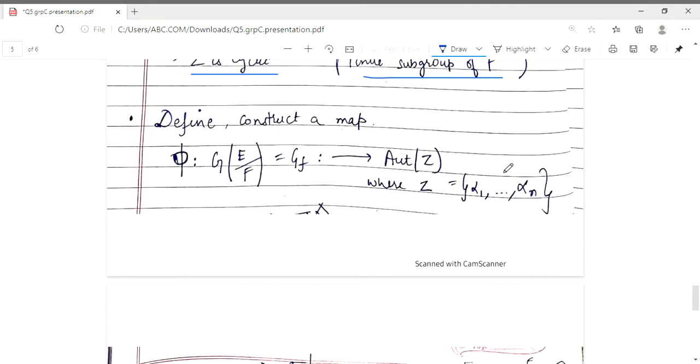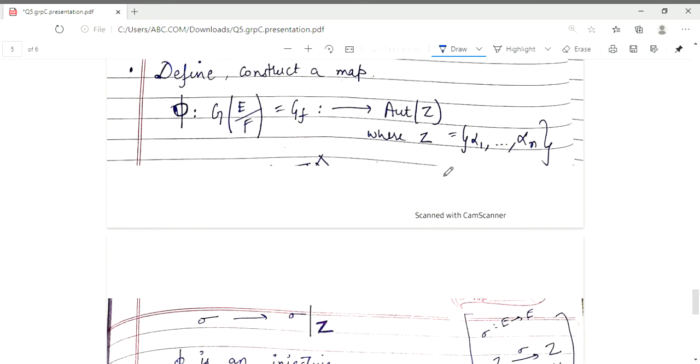Now we would define or construct a map phi such that phi goes from GF to automorphism of Z, where Z is the same collection of roots from alpha 1 to alpha n.